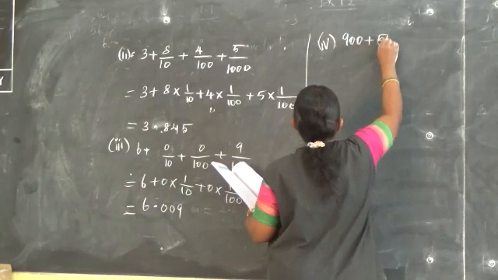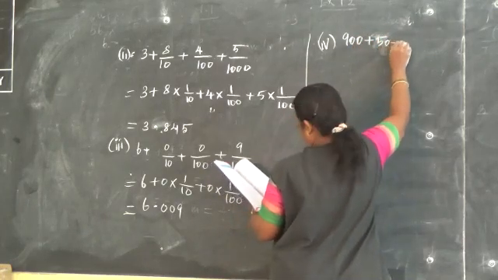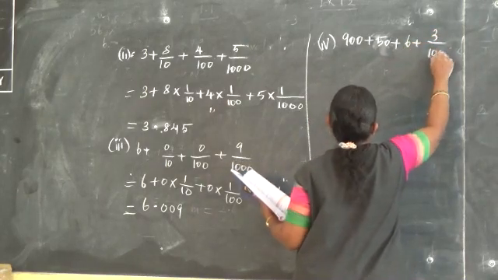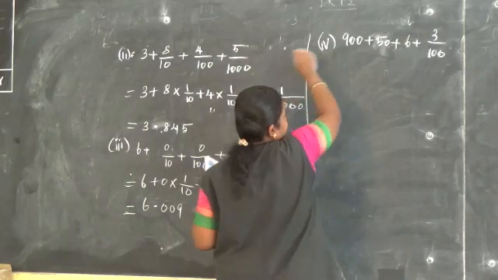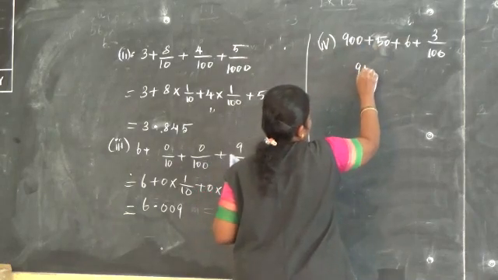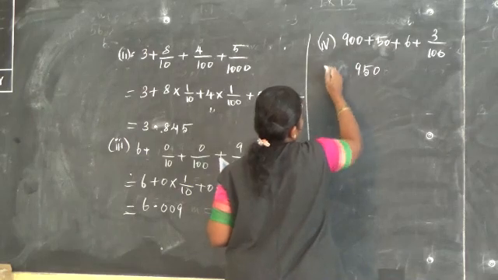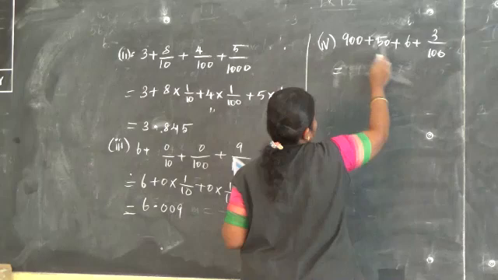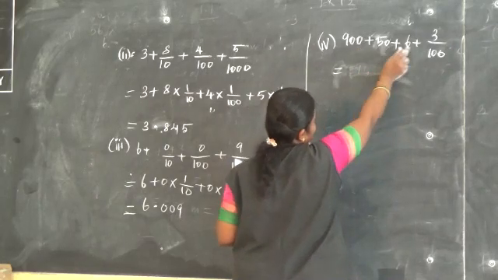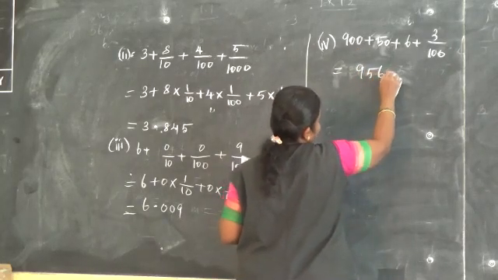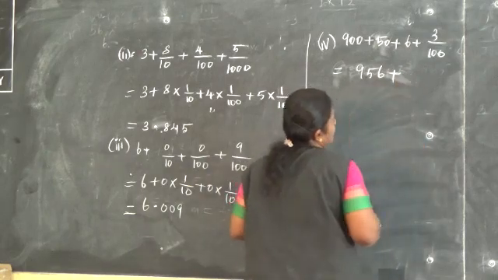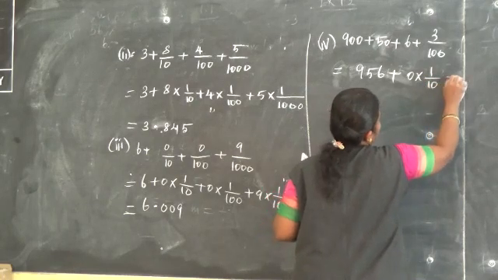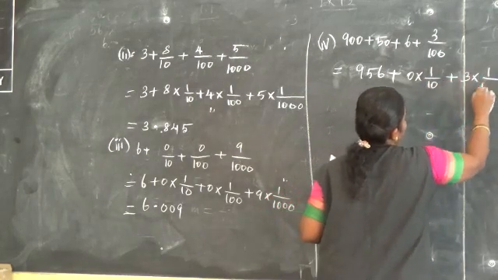900 plus 50 plus 6 plus 3 by 100. So here 900 plus 50, 950 plus 6, 956. Any tenths there? No. 0 by 10 plus 3 into 1 by 100.